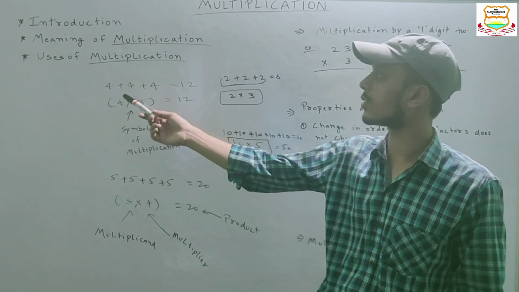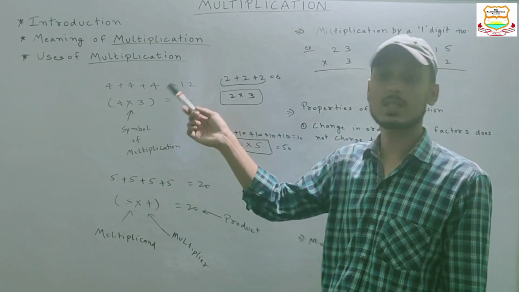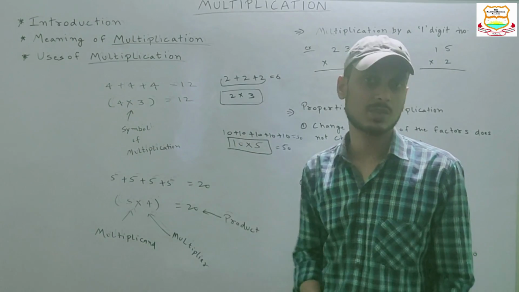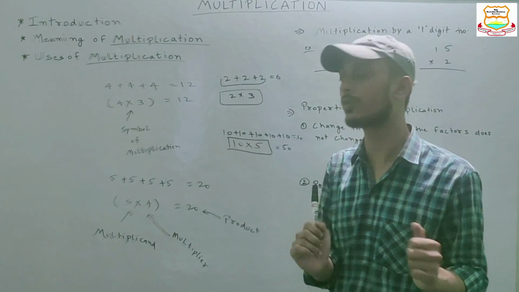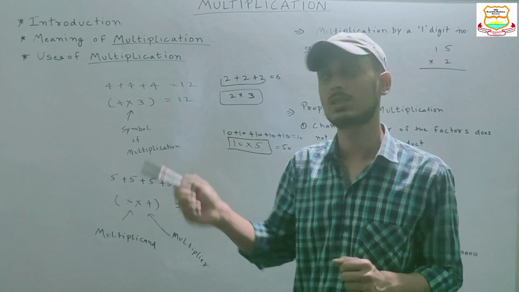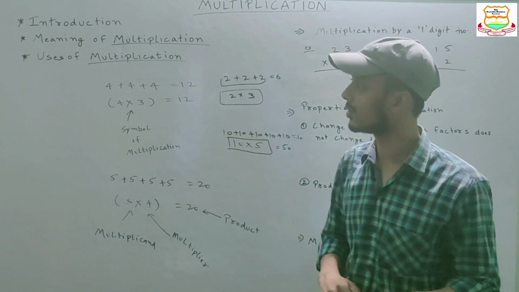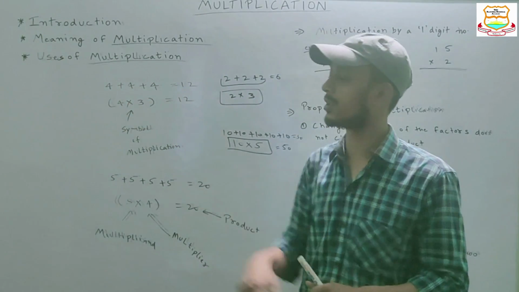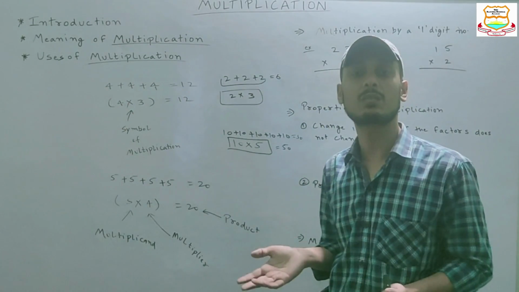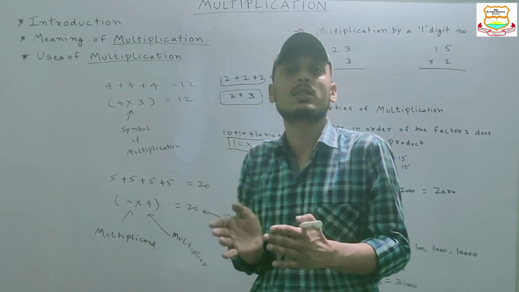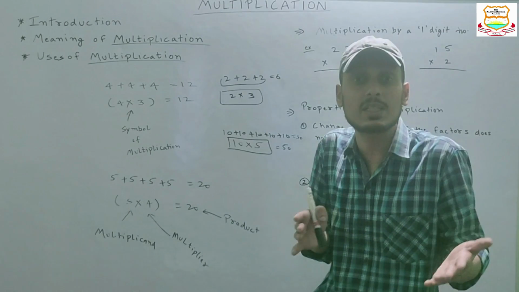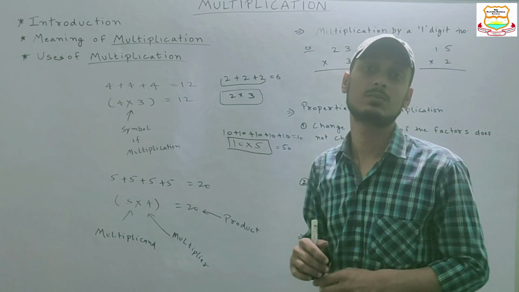Let us see some examples to understand multiplication. Suppose 4 is added 3 times. 4 plus 4 plus 4. What will be the answer? The answer will be 12. So the same process can be represented as 4 into 3. This is multiplication. It is a different representation, another technique of addition.